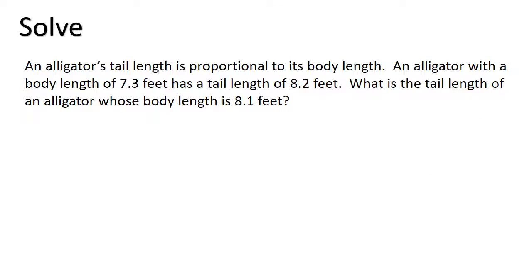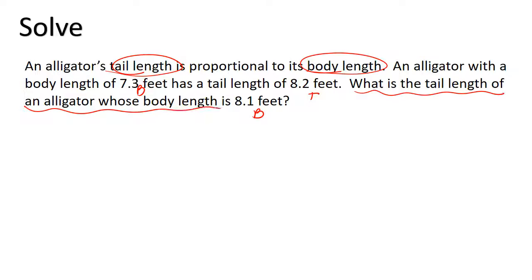Here is another proportion problem, and here we have an alligator's tail length is proportional to the body length. We have an alligator with a body length of 7.3 and a tail length of 8.2. So that's the tail and this is the body. What is the tail length of the alligator whose body is 8.1? Let's set this one up starting with the unknown.